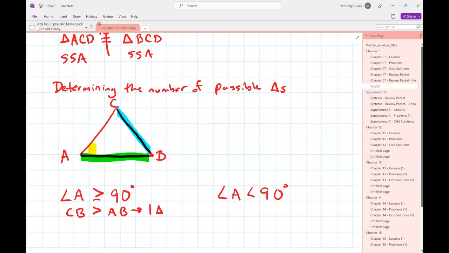So you'll get exactly one triangle in that situation. If that's not the case, then it's impossible, right? If you have not the biggest side opposite the biggest angle, well, that's nonsense. We know that that can't happen. No triangle is possible. You're done.